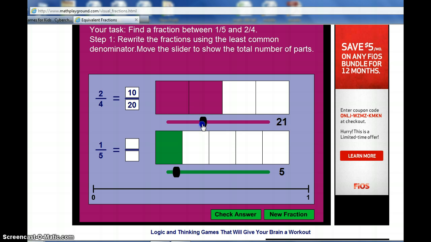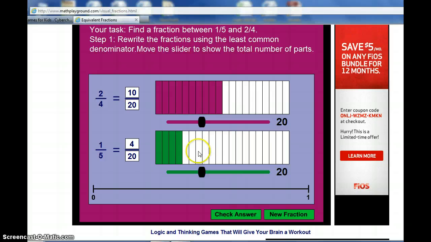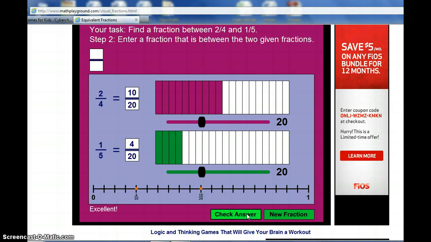I might only be able to show you one because I think I'm running out of time. Here, 5 times 4 is 20, so 1 times 4 is 4. And you move that again to 20, and it'll change the bars, and you can hit check answer and see if you're correct.